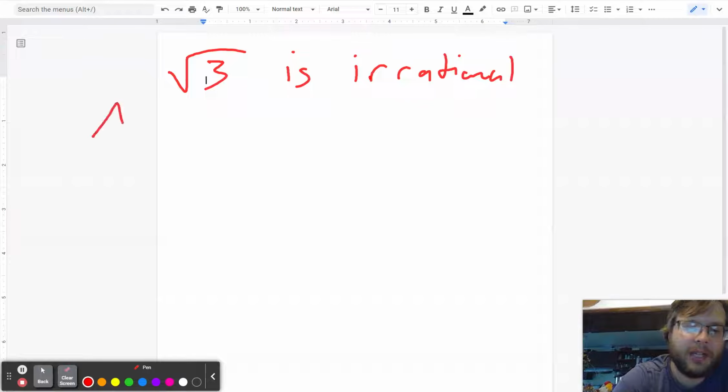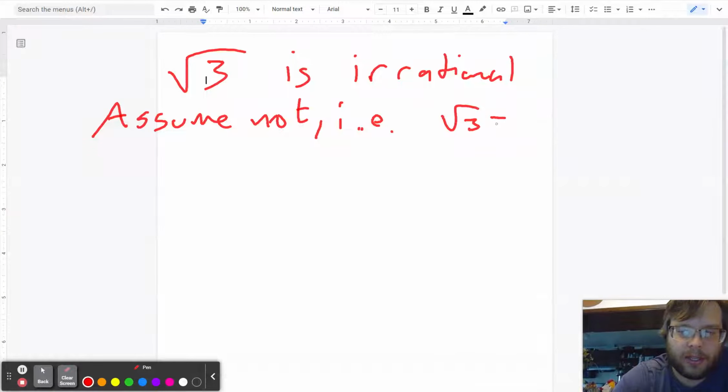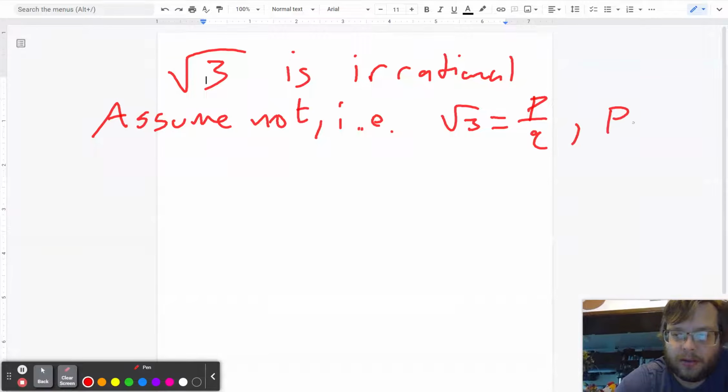So step 1 is to assume not, i.e. that square root of 3 equals p over q. P and q are integers, and I'm just going to say that it's in simplest form, no common factors.